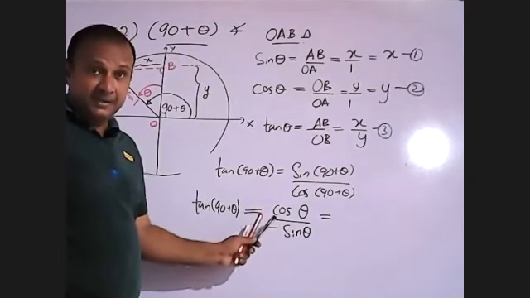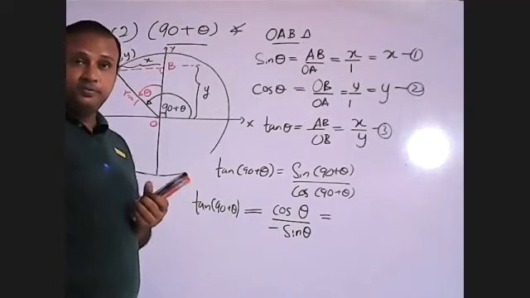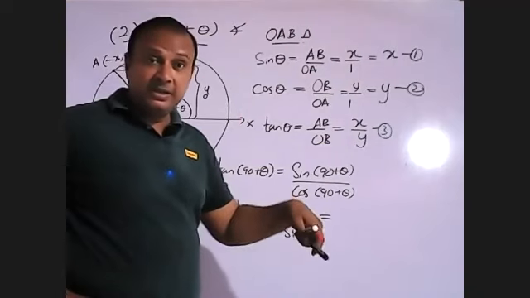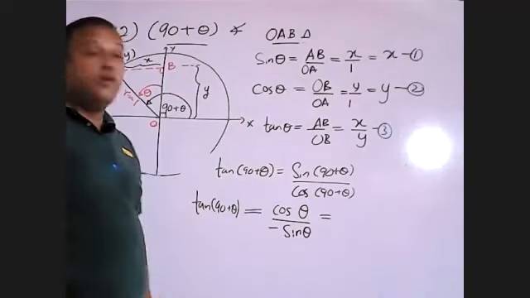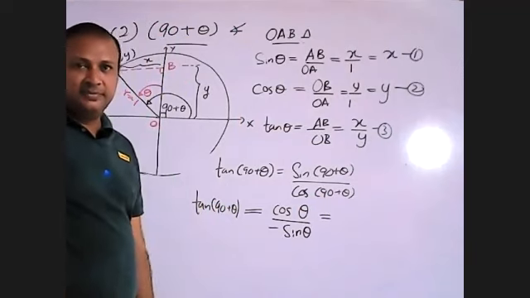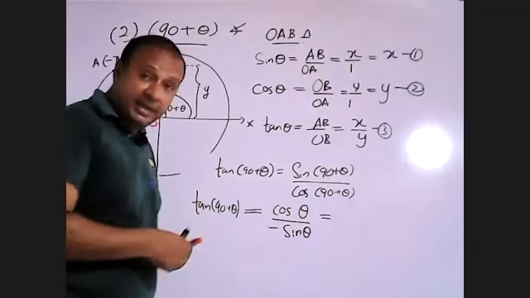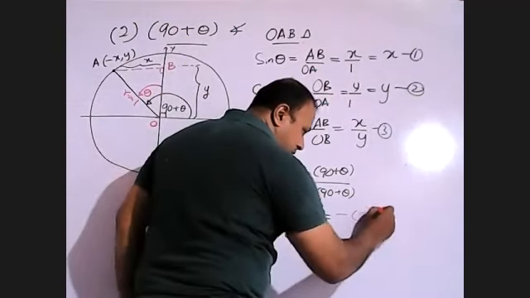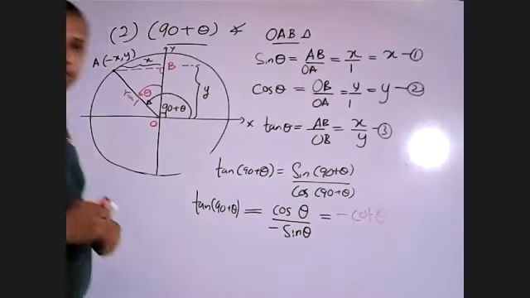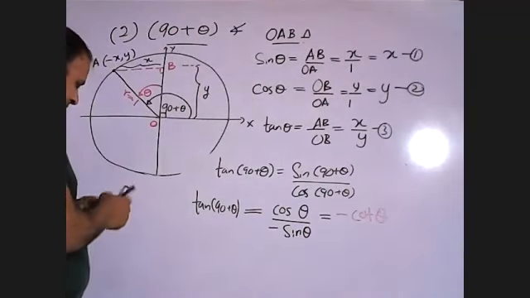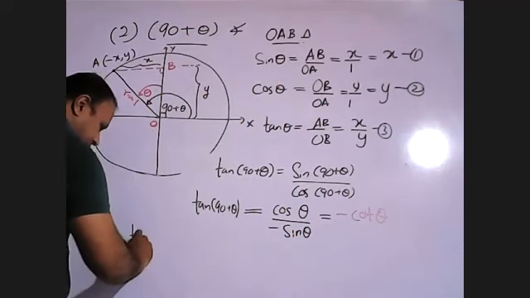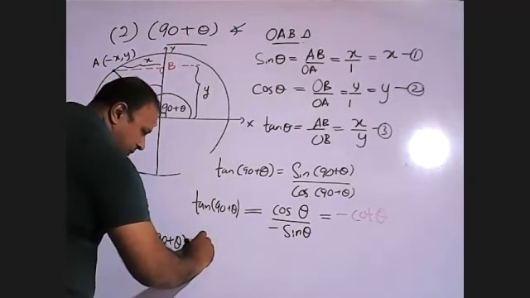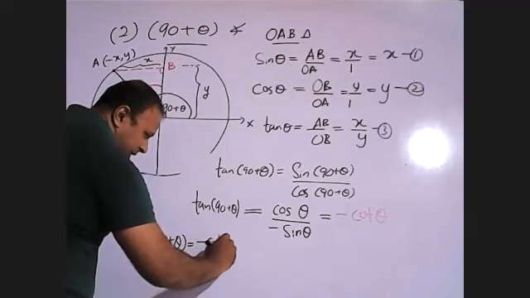Sin over cos is equal to tan. Cos over sin is equal to cot. So this is minus cot theta. Therefore, tan 90 plus theta is equal to minus cot theta.